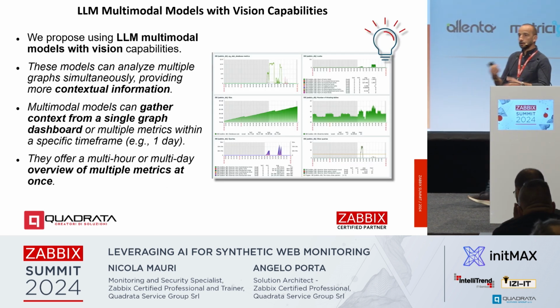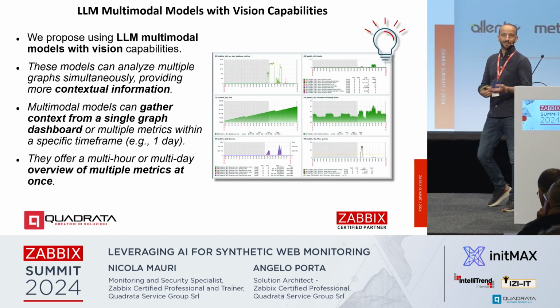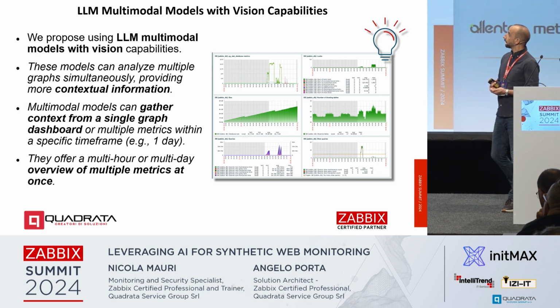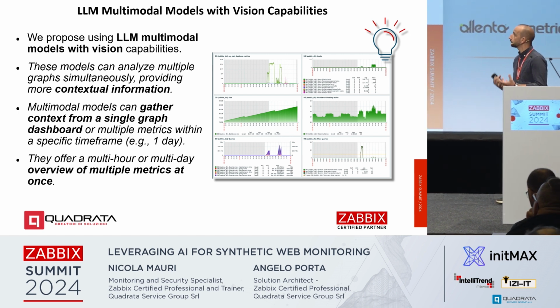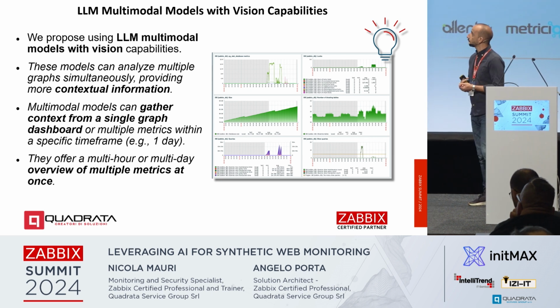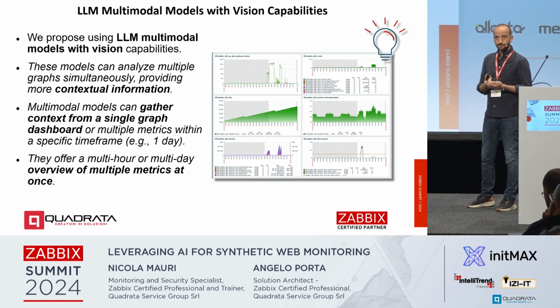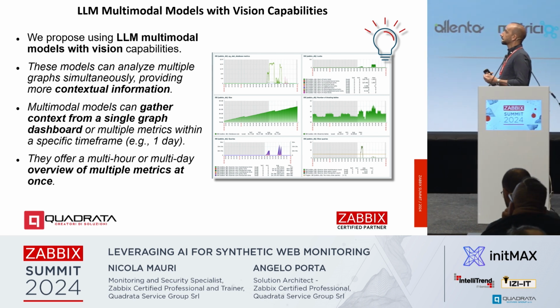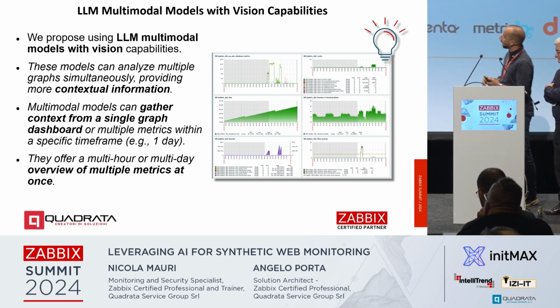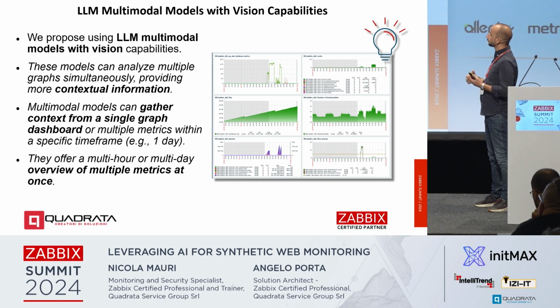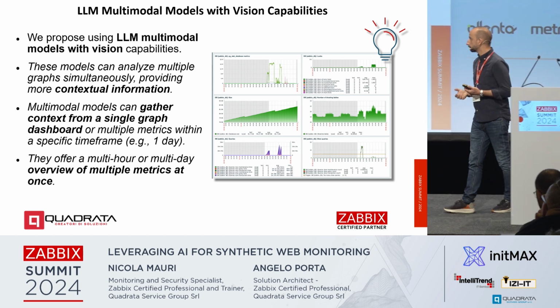So there are several approaches. We have seen a lot of beautiful ideas in this summit. And our proposal is to try to use multimodal models with vision capabilities. This model can analyze graphs and dashboards, and provide more contextual information.